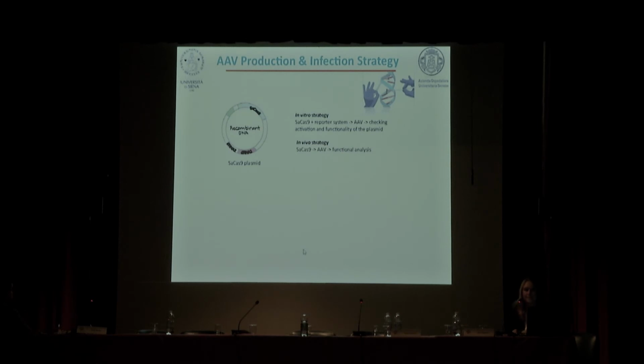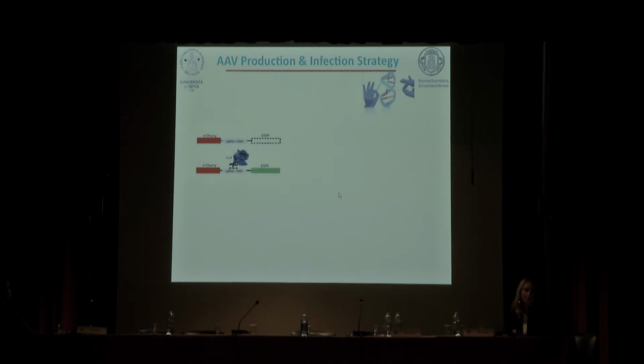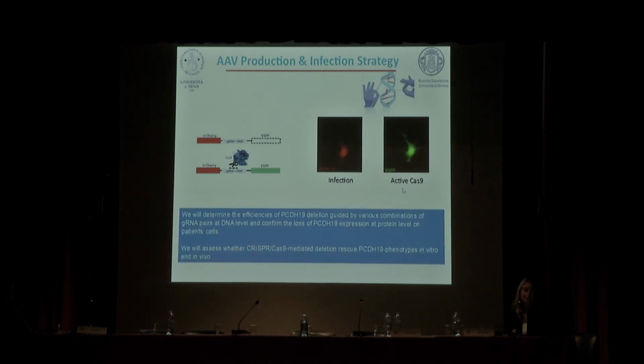We have already designed our plasmid, containing both guide RNAs and Cas9 for in vitro and in vivo experiments, and our plasmid will be encapsulated in adeno-associated virus in order to deliver the plasmid to the cells. The plasmid also contains a reporter system in order to check for the infection and for the activation and functionality of Cas9.